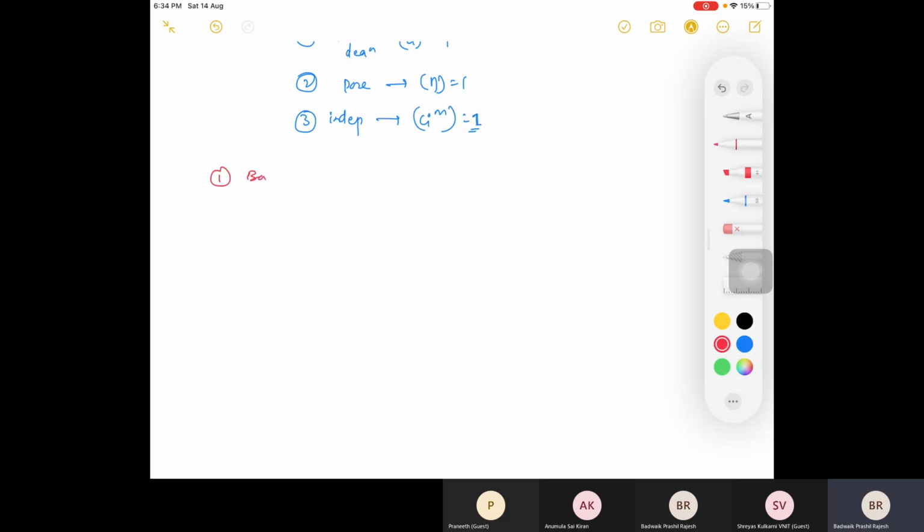First was batch process, or you can say batch solid. Then batch solid with mixed constant flow of fluid, and the second case was batch solid with mixed variable flow of fluid.